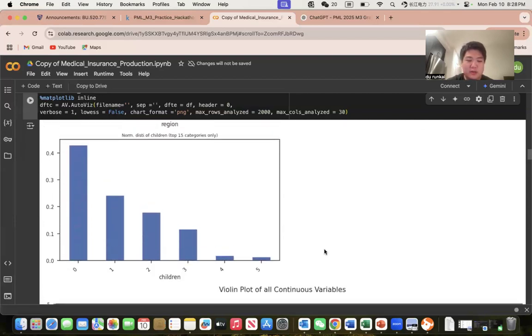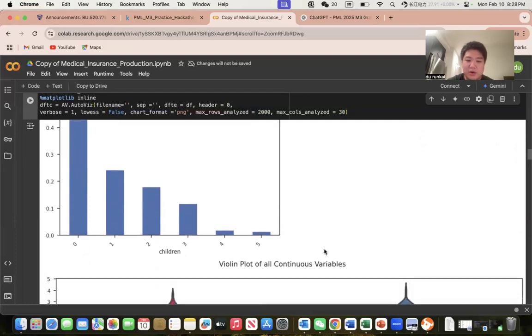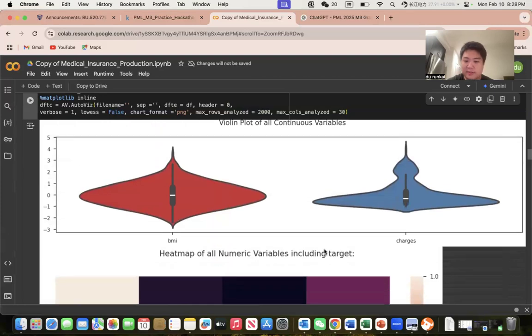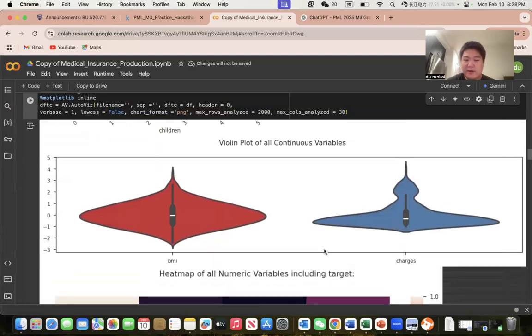For the children, a lot of people in this data set don't have any children, and only a few of them have 4 or 5 children. The violin plot of BMI shows that the BMI is at the center, and the charges do not have a strong relationship with the BMI.